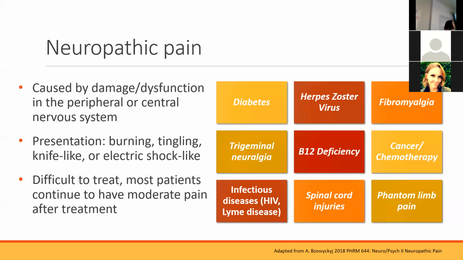Anybody that's had an amputation has phantom limb pain. Certain infectious diseases. So there can be neuropathy in HIV patients caused by the medications that they take. Patients that have Lyme disease that goes unnoticed, untreated for a long time can end up having nerve damage. And so they have peripheral neuropathy.